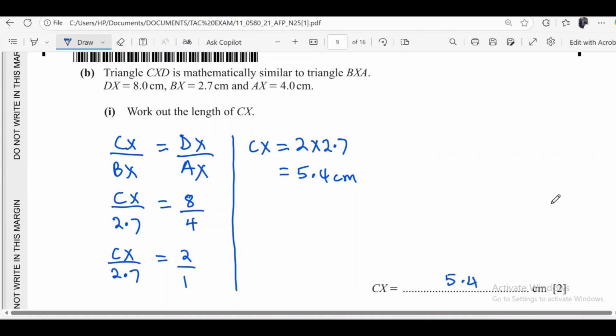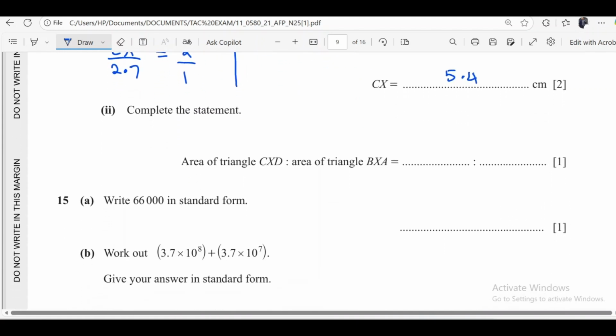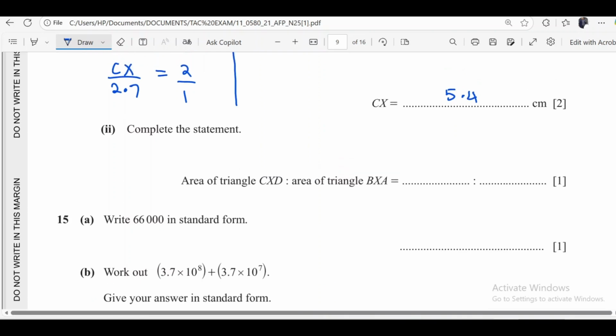All right, so let's look at question 5b, question bii. It says complete the statement: area of triangle CSD ratio area of triangle BSA equals dash. If you look at the scale factor, which is the ratio of the corresponding lengths, that's 2 over 1.